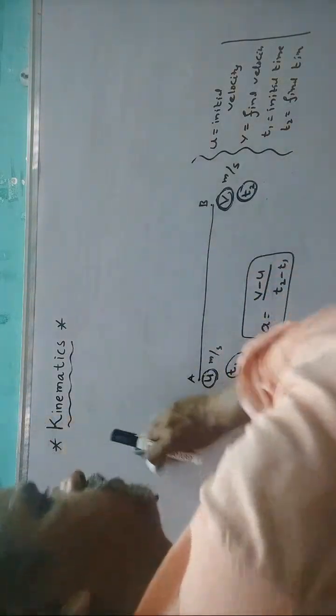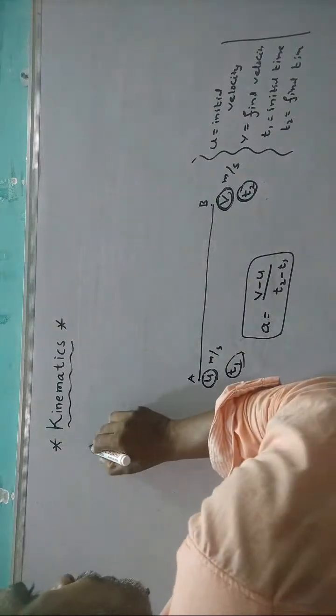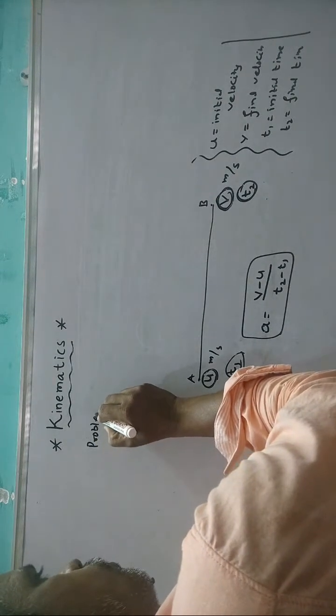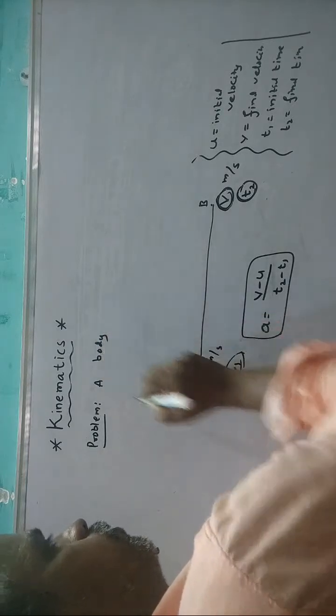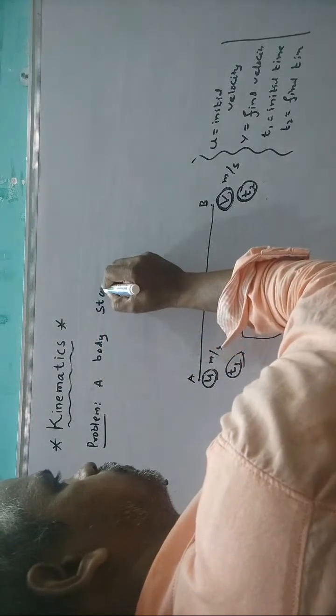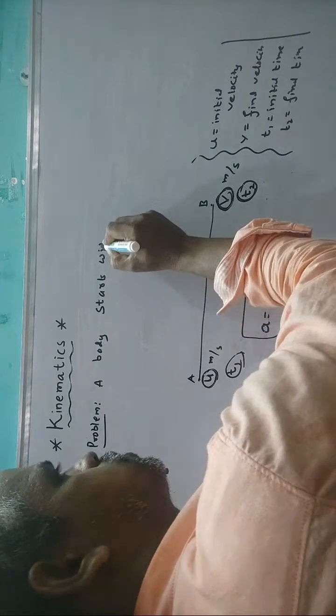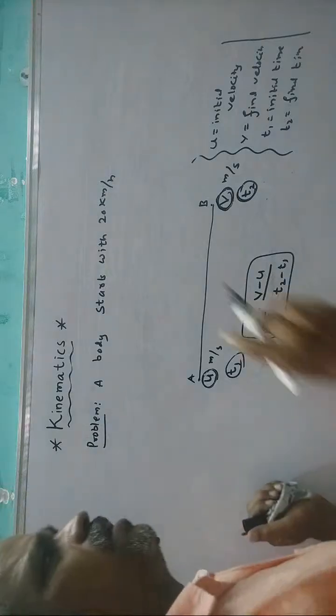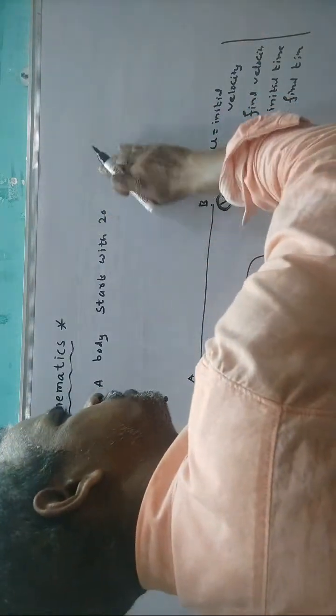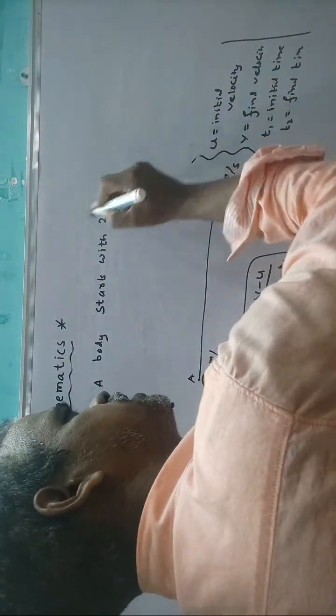Okay, I am writing one problem here. A body starts with 20 kilometer per hour. Otherwise, why do we use kilometer per hour? 20 meter per second.